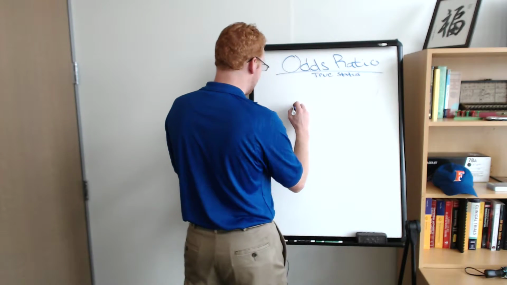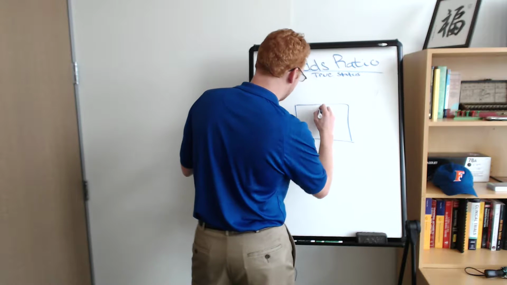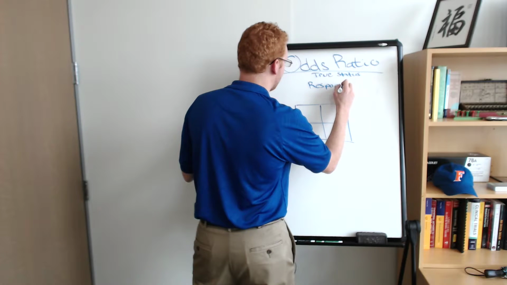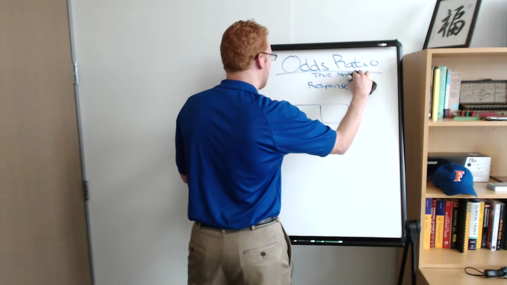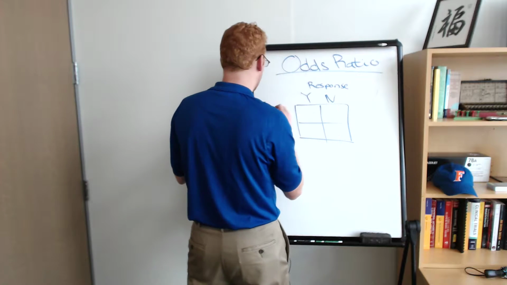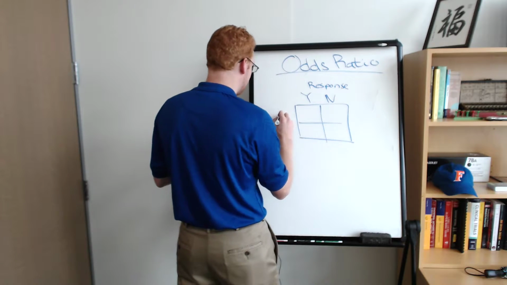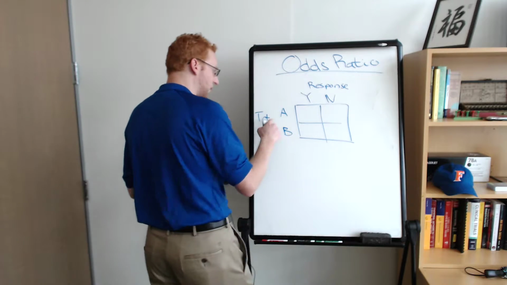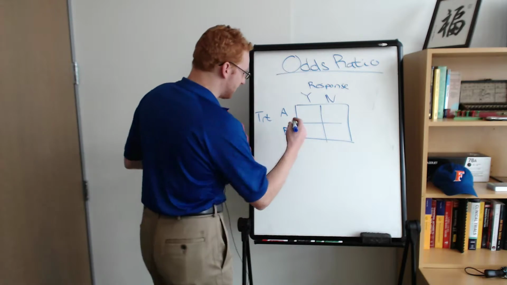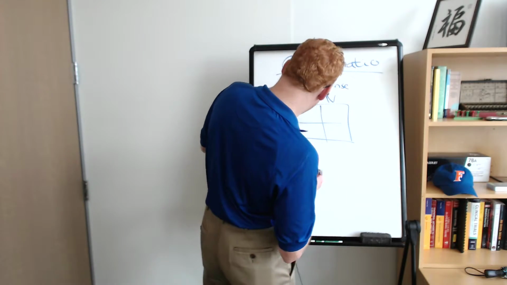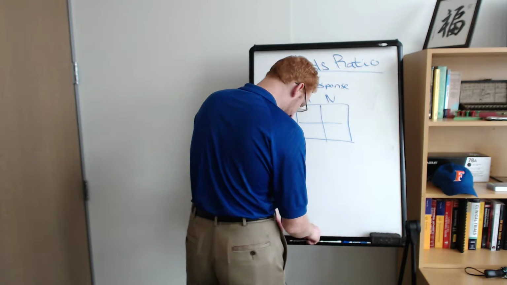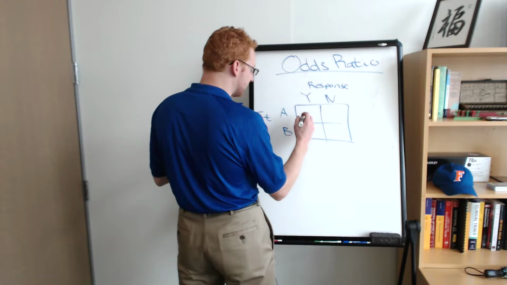The odds ratio, so we have the response, and then say yes, no, and the treatment A versus treatment B, and we want to compare treatment A's performance to treatment B. So for the odds ratio, I kind of made a poor choice of notation calling this A and B, because the classic notation is to call these cells letters.